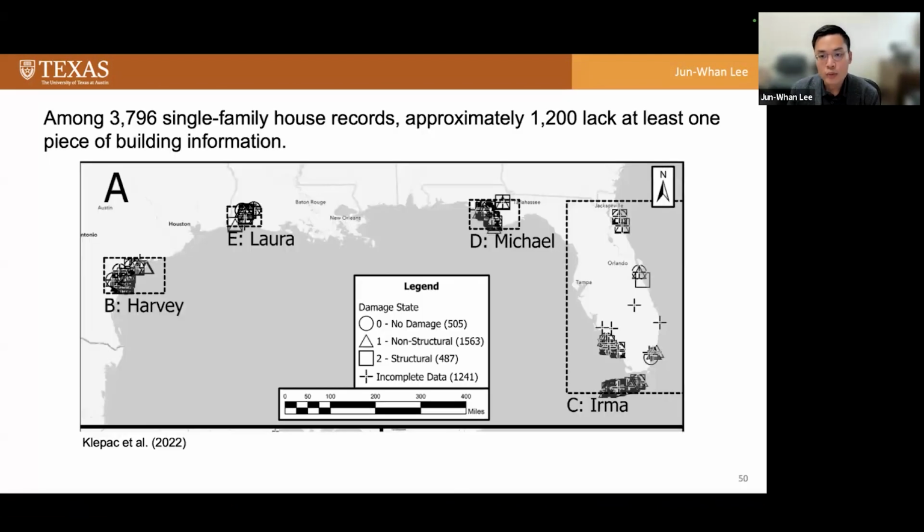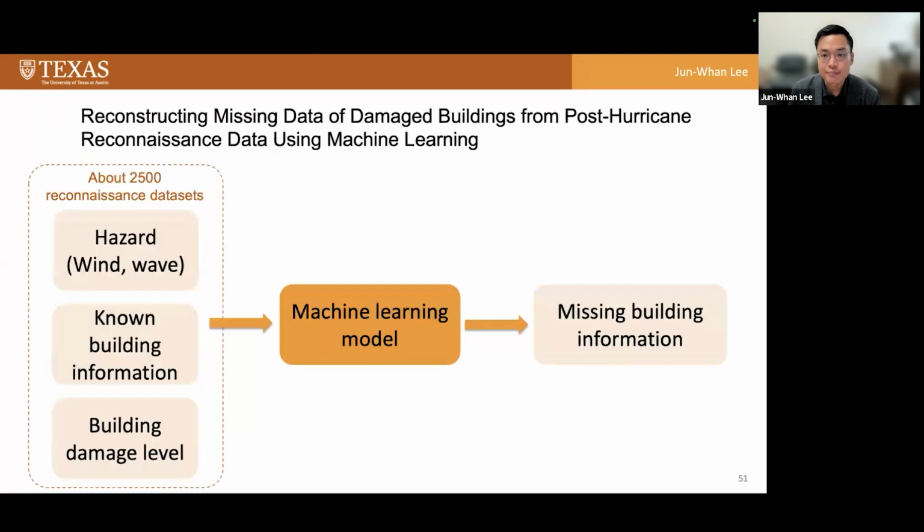When we investigated the post-hurricane reconnaissance data sets, we found that among about 3,700 single-family house records, approximately 1,200 were lacking at least one piece of building information, which hinders a comprehensive understanding of the building damage.